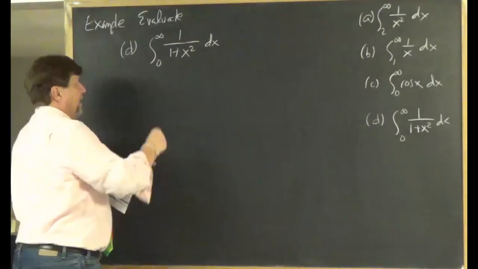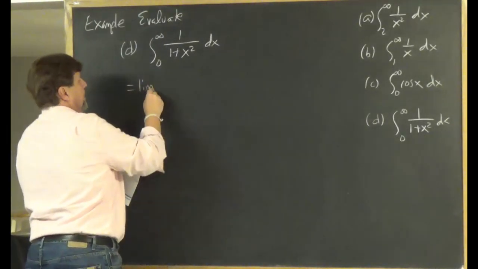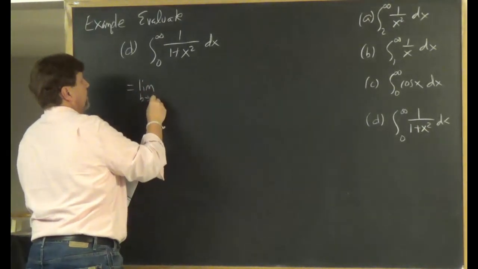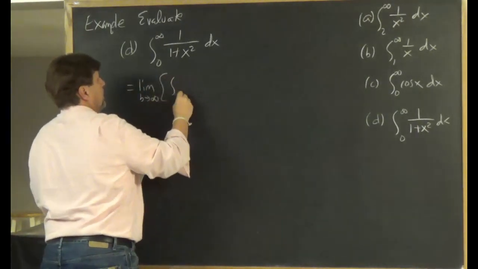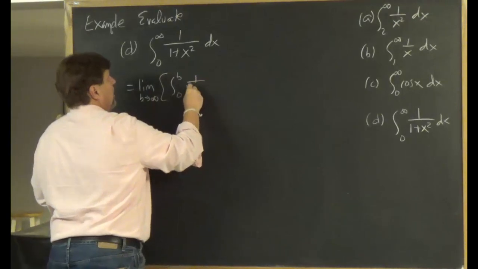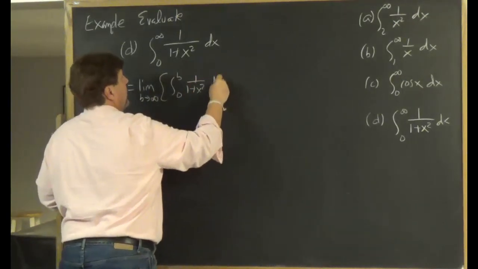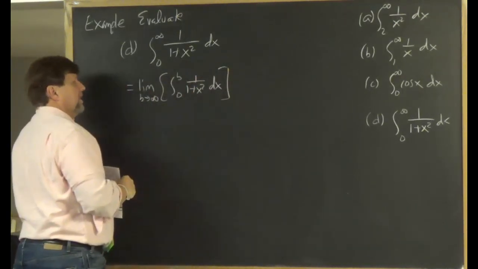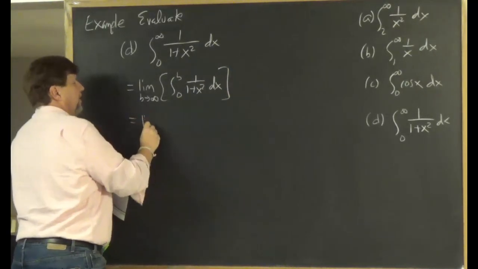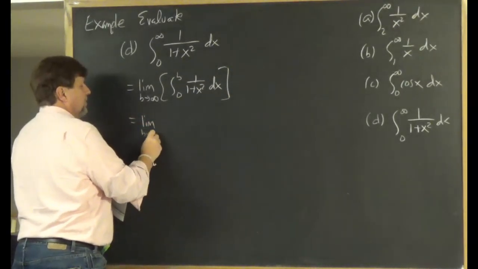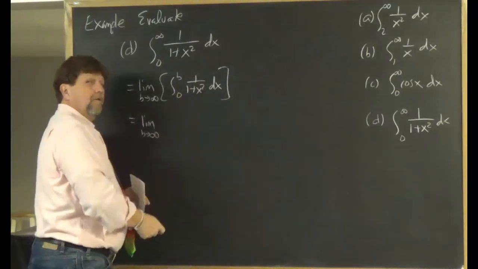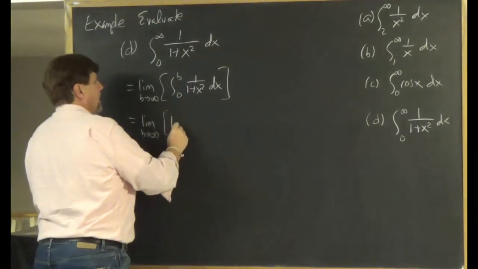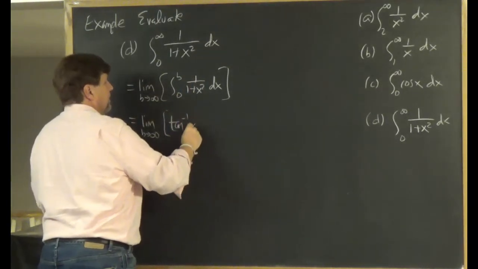I know I have to rewrite this as the limit as b goes to infinity of the integral from 0 to b of 1 over 1 plus x squared dx. And this is a very, very friendly integral. The antiderivative of 1 over 1 plus x squared is inverse tangent.